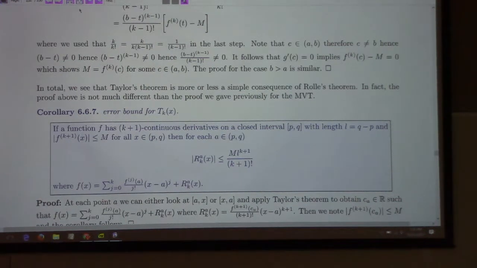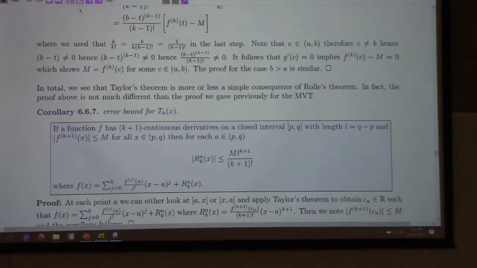So in particular, if you can show that an arbitrary derivative of a function is bounded by some fixed constant m, then it follows that the remainder must go to 0, because as k goes to infinity, the factorial gets super huge no matter what L is, right? So from that discussion, you can see why the series for sine works. What's the bound on the k plus 1th derivative for sine or cosine?